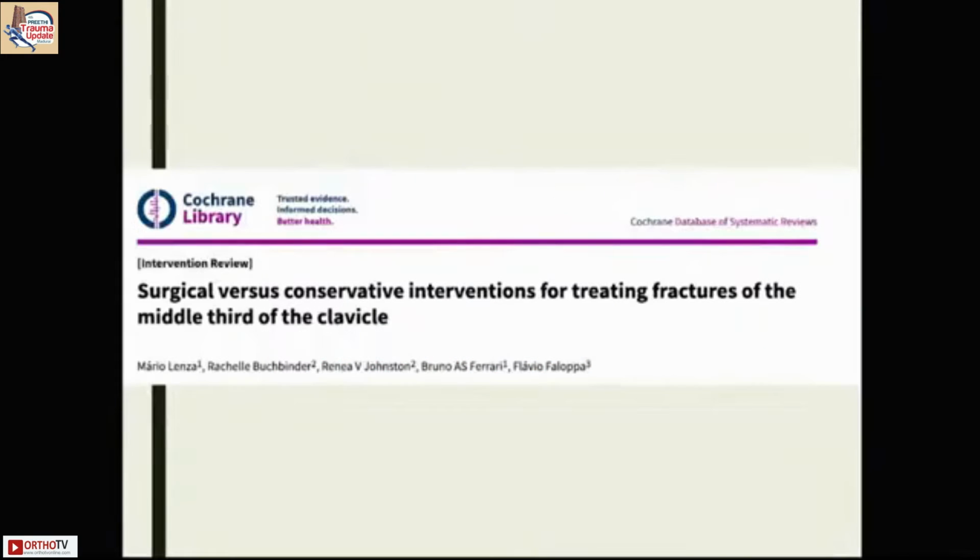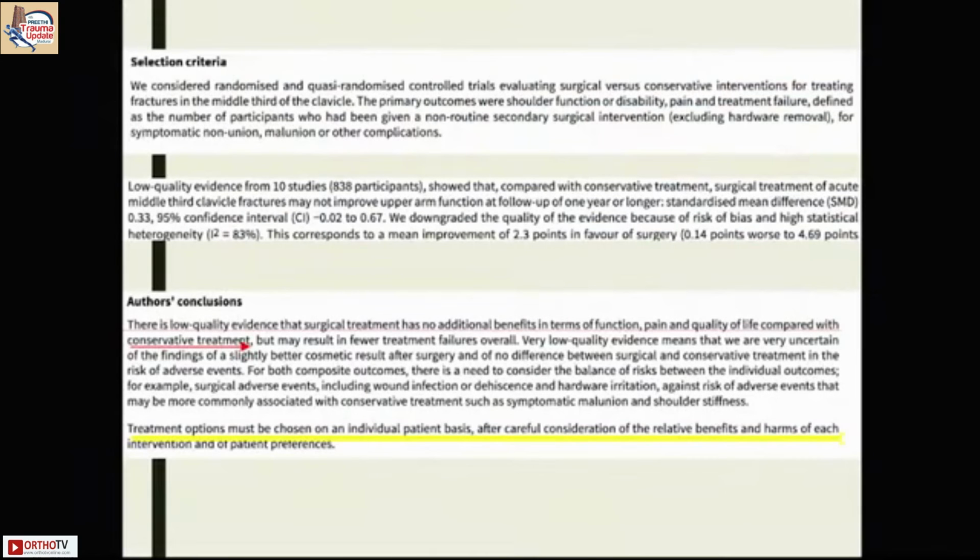But there is a contradictory review in the Cochrane database. They did a systematic review comparing surgical versus conservative treatment for mid-third fractures, published in 2021. And the authors concluded that there is low quality evidence that surgical treatment has any additional benefit in terms of function, pain, or quality of life compared with conservative treatment.